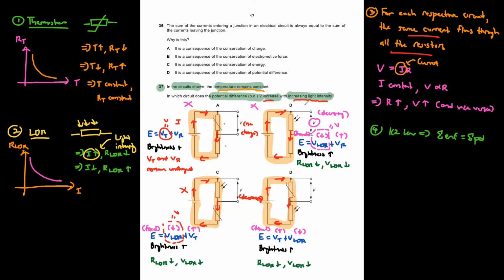Right now, if you look at where your voltage is measured, it's measured across your thermistor. So this one here is your V, and your V here is increasing. This is what you want. The answer is D. So that is for this one. Then I'll move on to the next one.